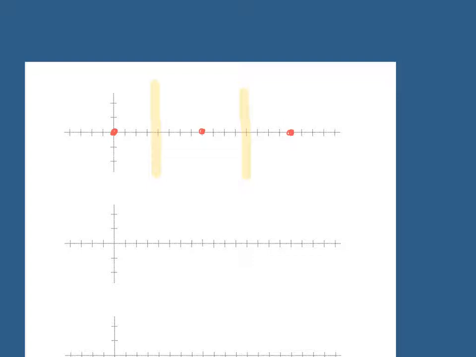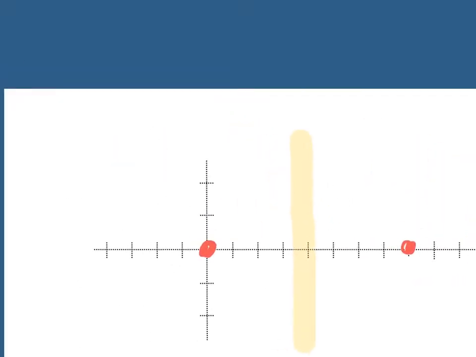Okay, those are the 5 pieces. Those 5 pieces you will label the same exact way we've labeled period before. So let's suppose we're working with y equals 2 tan 2x.